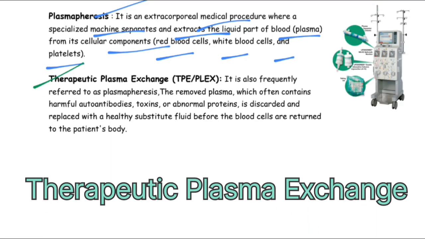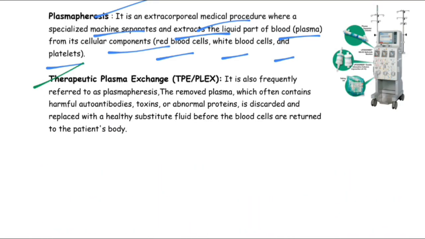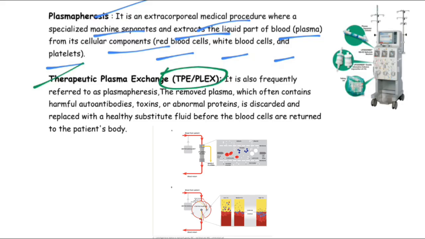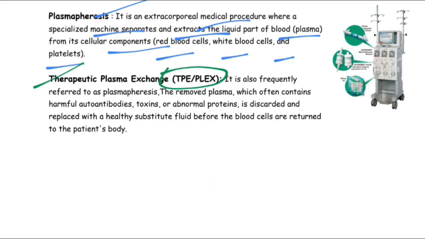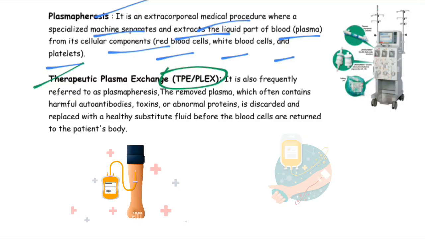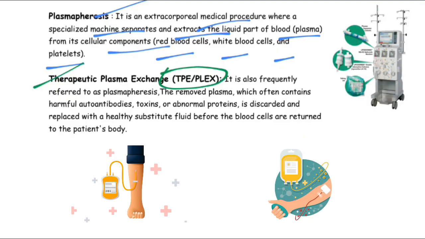Now what is therapeutic plasma exchange, or TPE, or PLEX? We usually hear the term PLEX. In plasmapheresis, plasma is separated. It can be in a blood bank where a plasma donor comes, or we need some plasma from a patient. So plasmapheresis can be done.